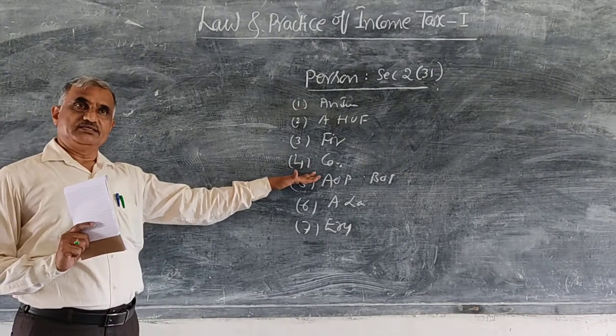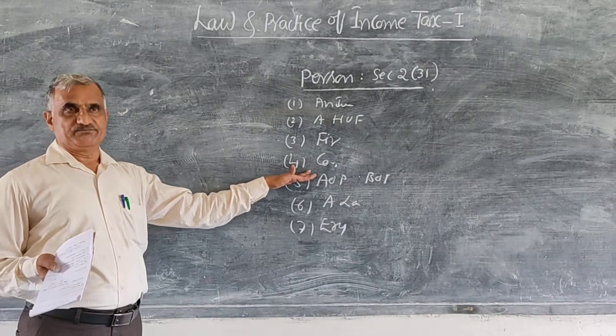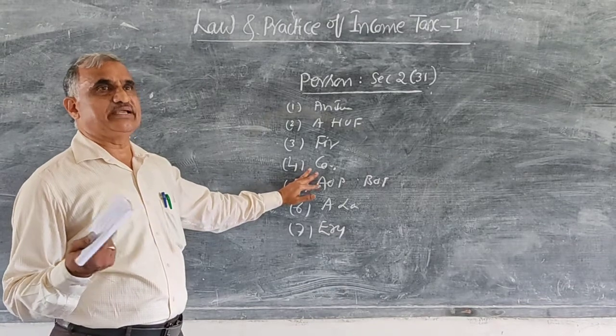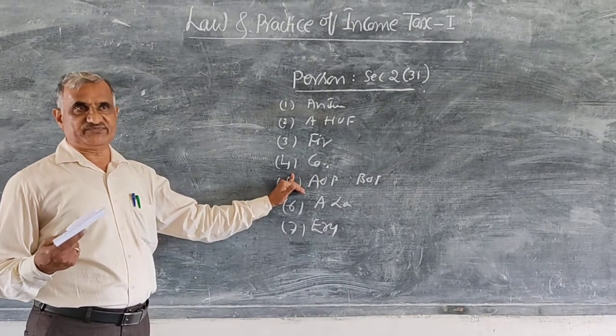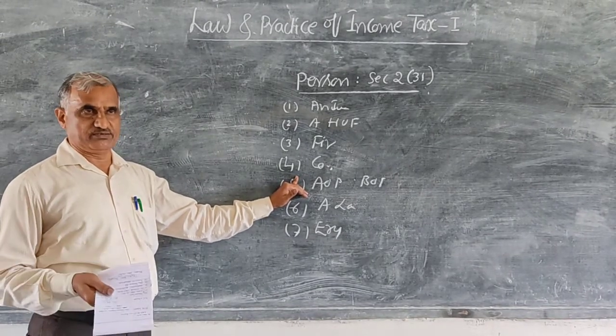Then a company, you know better what is the meaning of a company. Company means an artificial person created by law. So under the Indian Companies Act of 1956, recently it is amended, okay, in the year 2013.